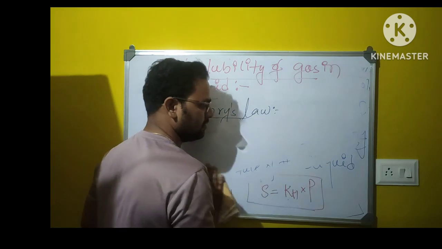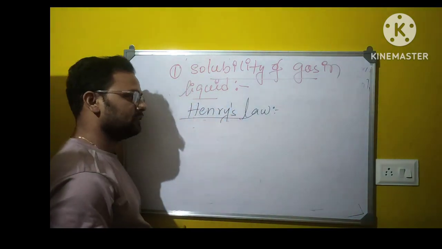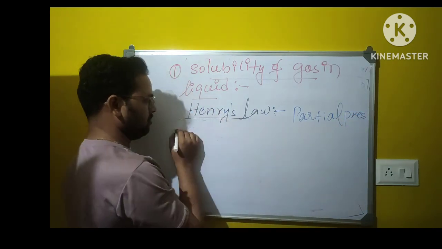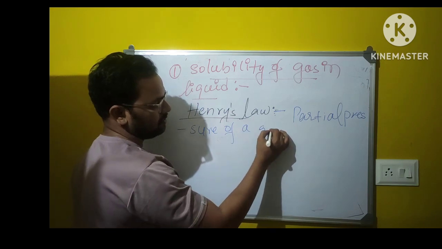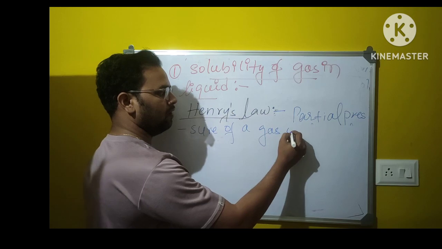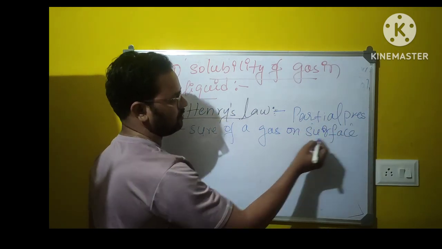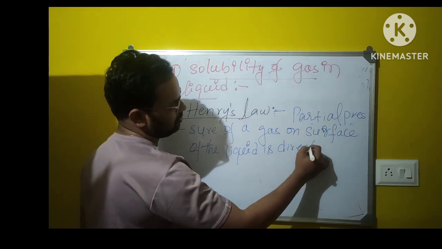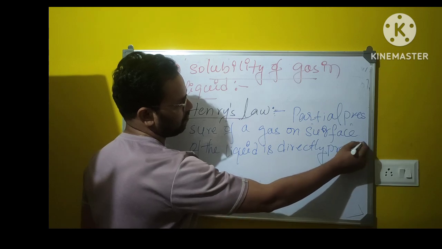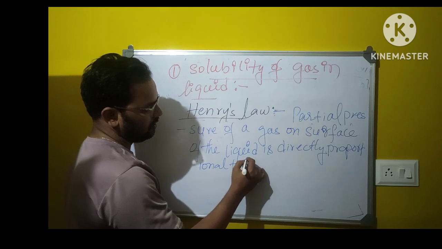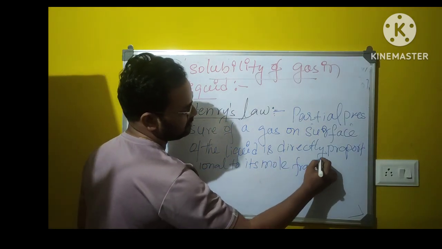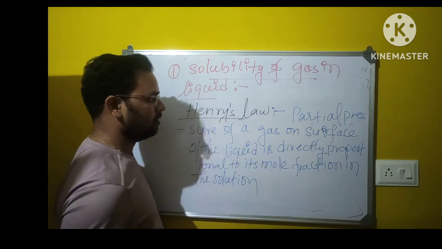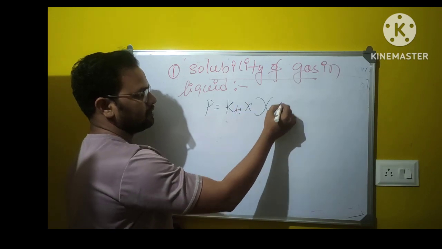Another statement for the same Henry's law: the partial pressure of a gas on the surface of the liquid is directly proportional to its mole fraction in the solution, or P = kH × mole fraction.